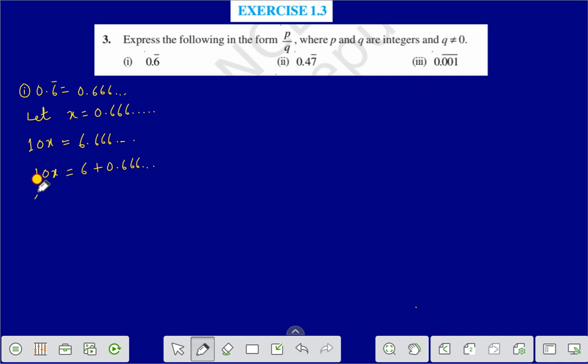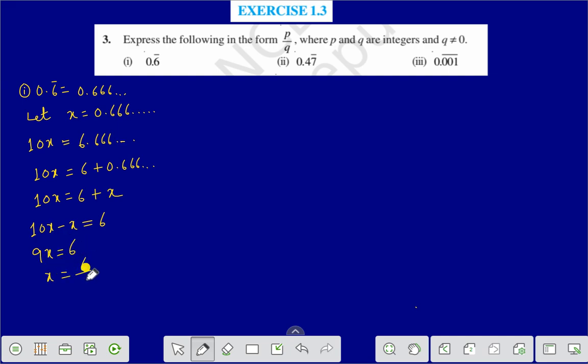Or you can write 10x is equal to 6 plus, and this value is x, 0.666. Now we are getting 10x minus x is equal to 6, or 9x is equal to 6, or x can be written as 6 by 9.